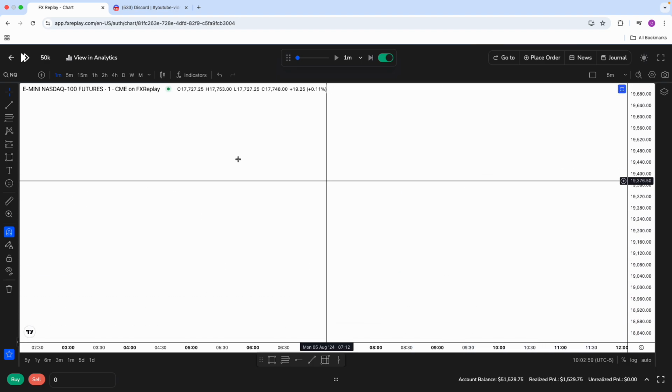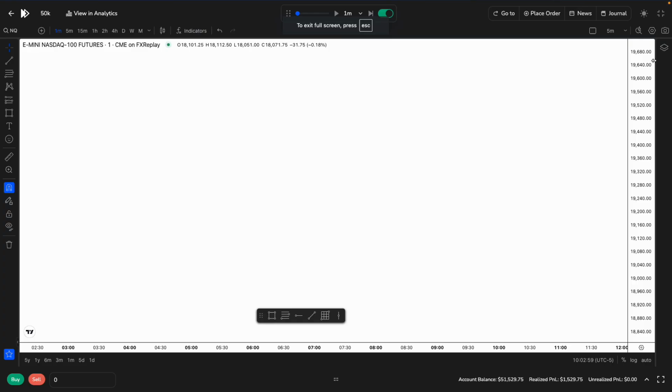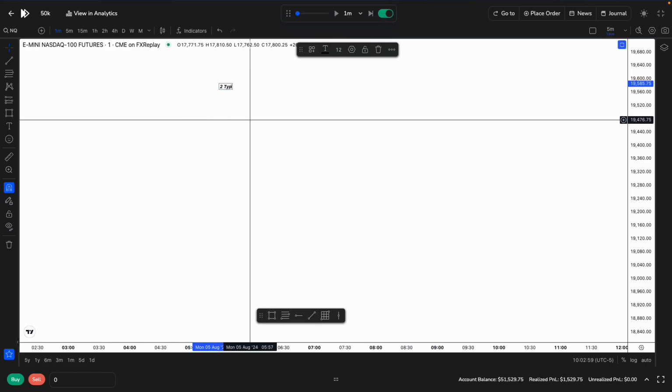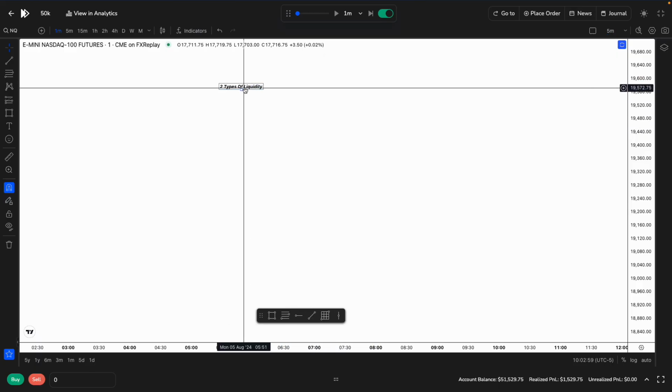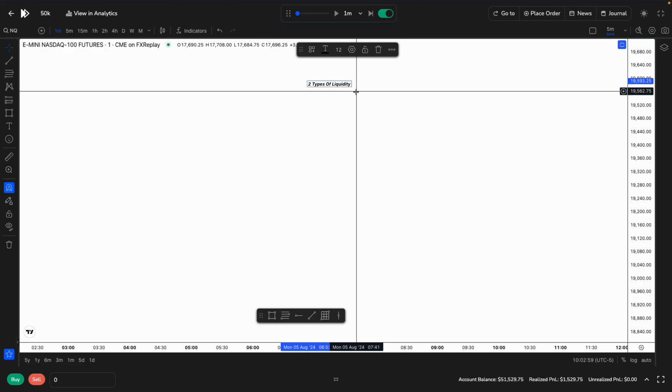So we'll make a little diagram here. Two types of liquidity. You've got internal and external.